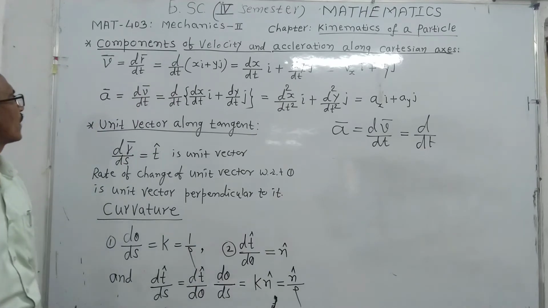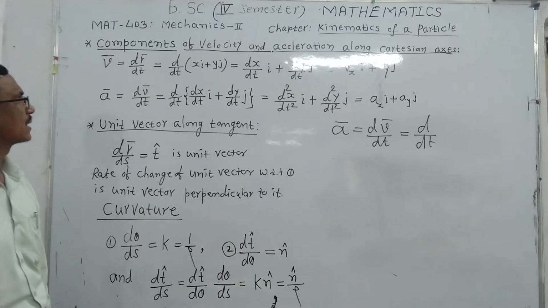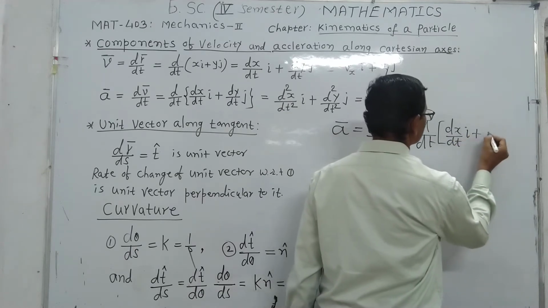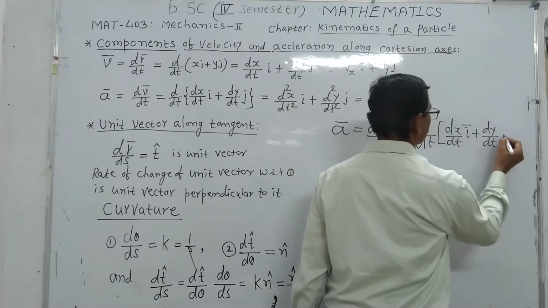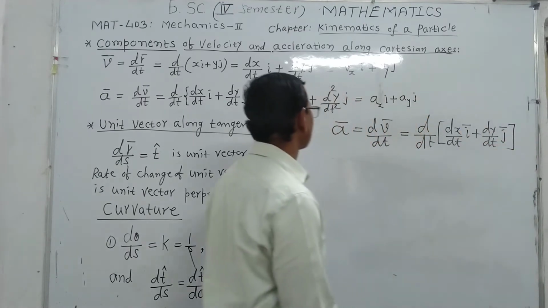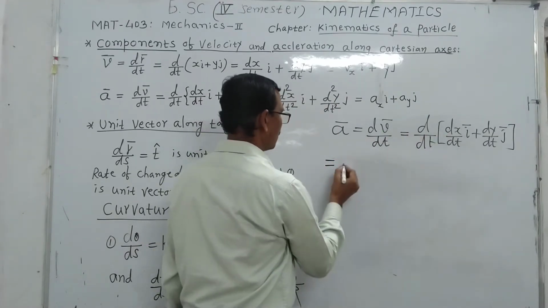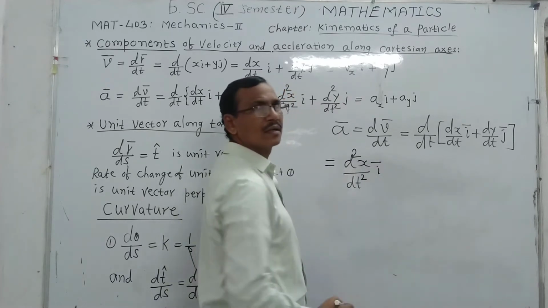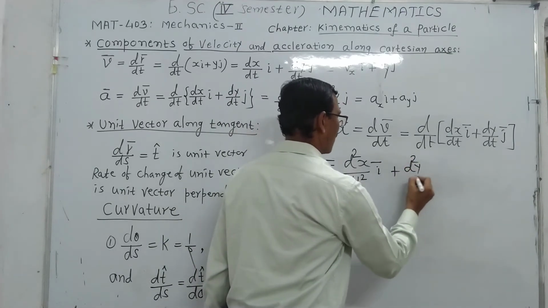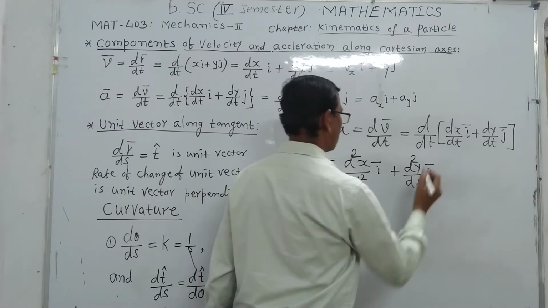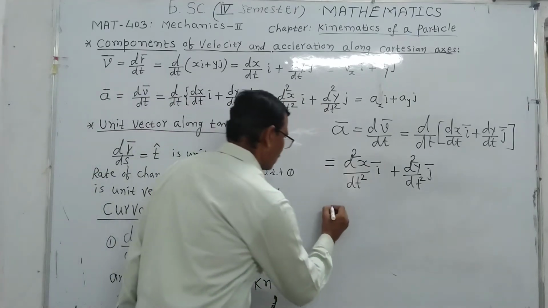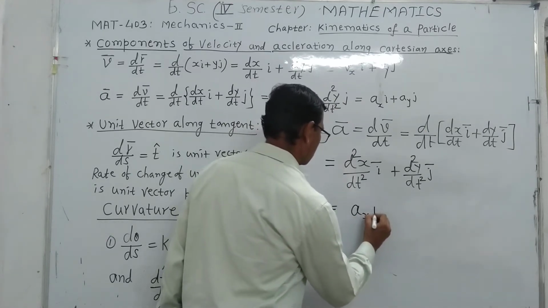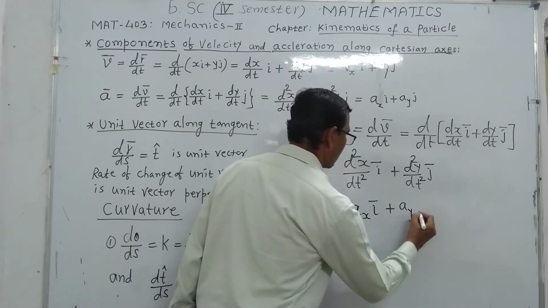But we have just obtained v bar, which is dx by dt i bar plus dy by dt j bar, and differentiating, we get d2x by dt square i bar plus d2y by dt square j bar, which can be denoted as ax i bar plus ay j bar.